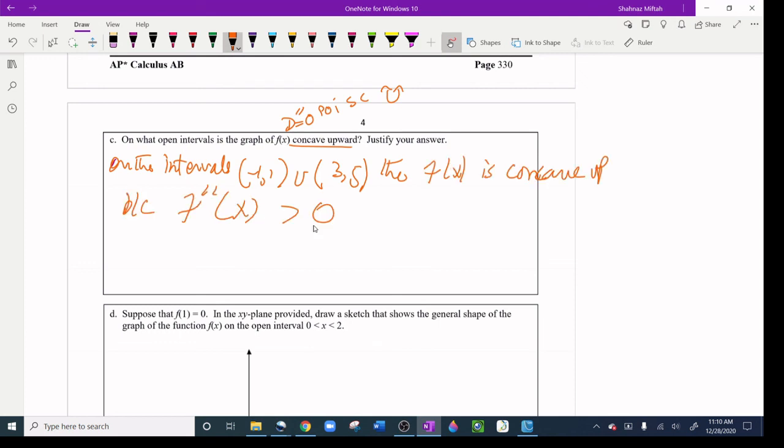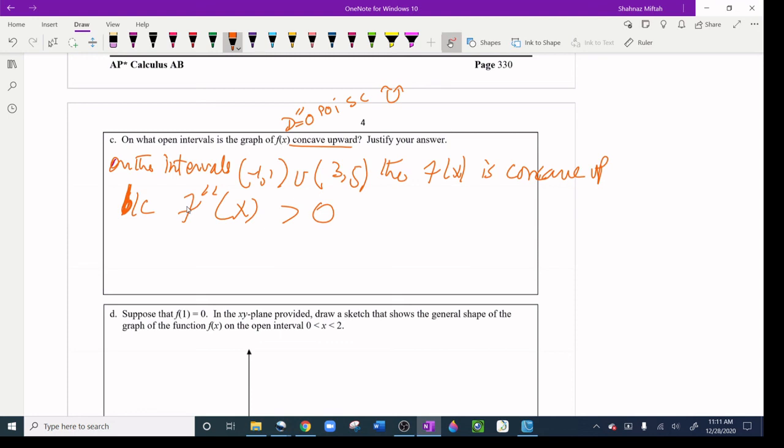Because f prime is greater than 0, and actually also after "because", if you guys remember, I said in class that after "because" we're gonna say whatever is given. So if you check, the given graph is f prime, not f double prime.